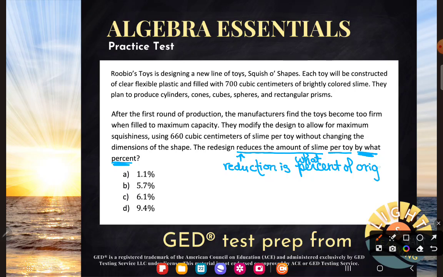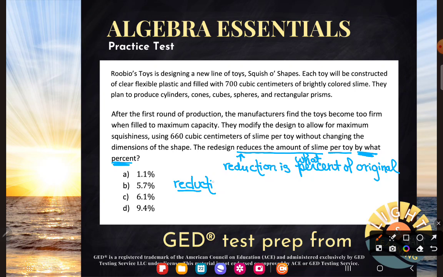And I like phrasing it that way because it leads us right to that method that we said we could use. We said we could set up proportion equations to solve percent problems. And so what are you going to do? You're going to do a fraction out of that relationship. The reduction, the amount it was reduced.